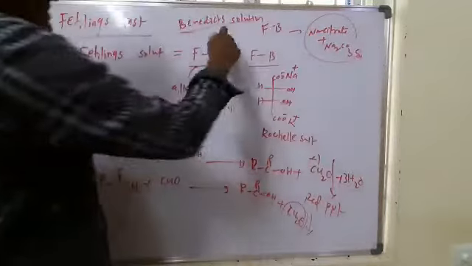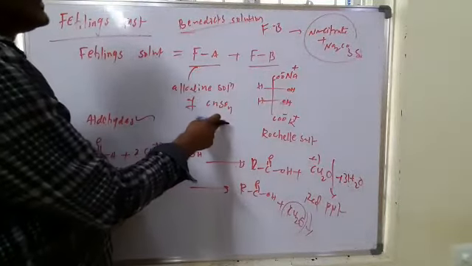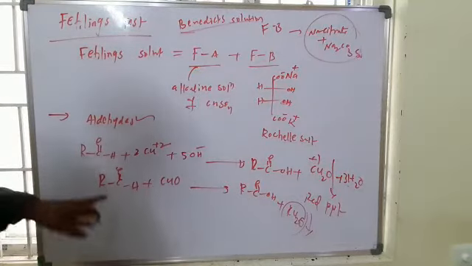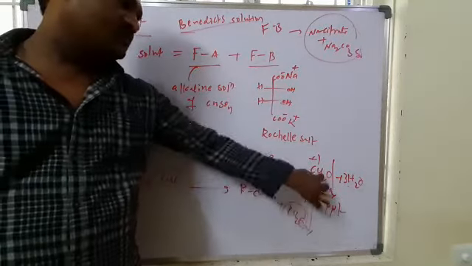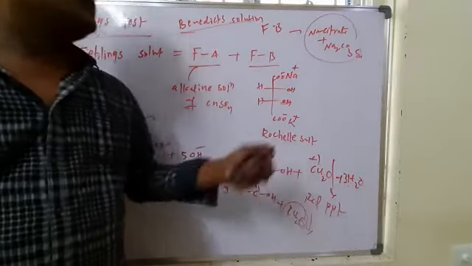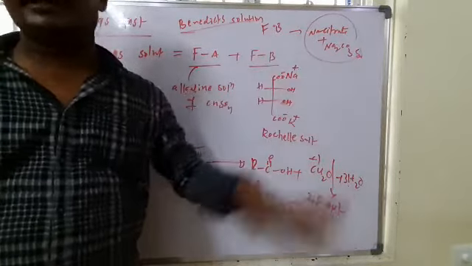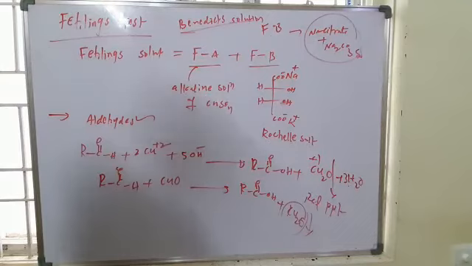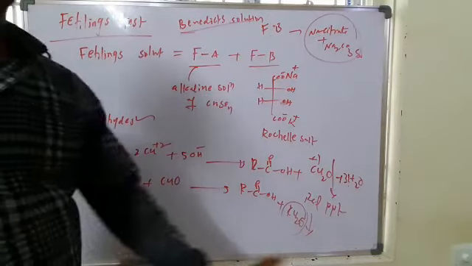This mixture is added to the alkaline solution of copper sulfate, then added to the aldehyde, then the same cuprous oxide red precipitate forms. So the difference is only solution B, the remaining is the same. This Benedict's test and Fehling's test are both given by aldehydes only.